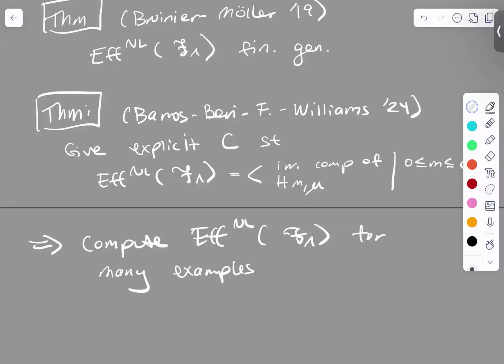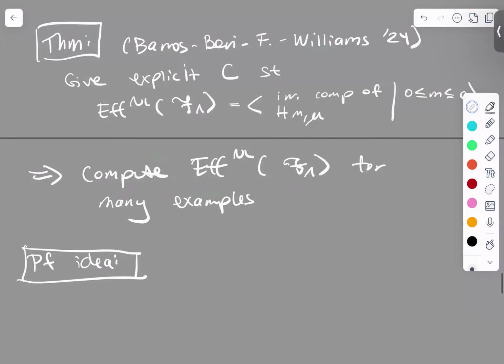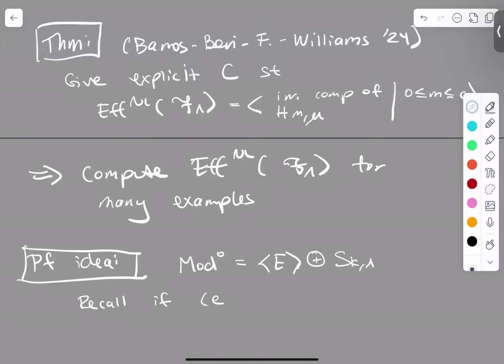And the proof idea, which maybe I'll mention only very briefly, for how one actually obtains this explicit number is that, maybe recall that the space of almost cusp forms, of modular forms of the given type, decomposes as a direct sum of the span of the Eisenstein series together with the space of cusp forms of given weight.